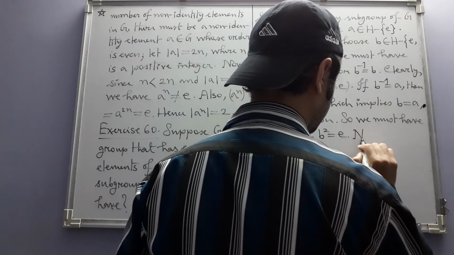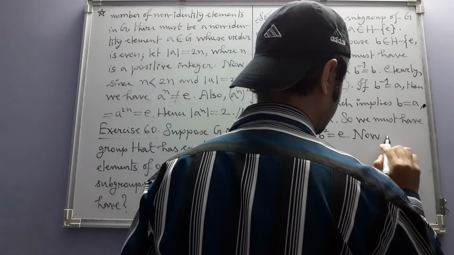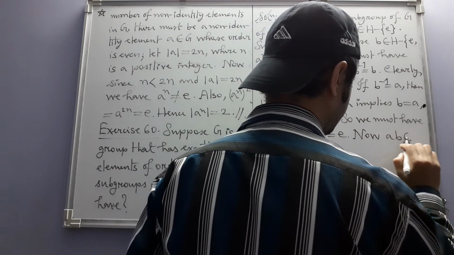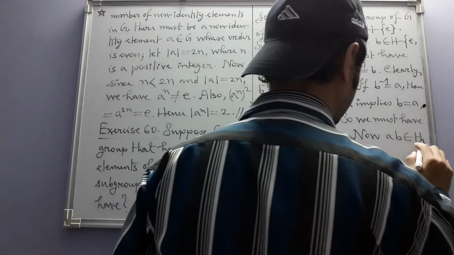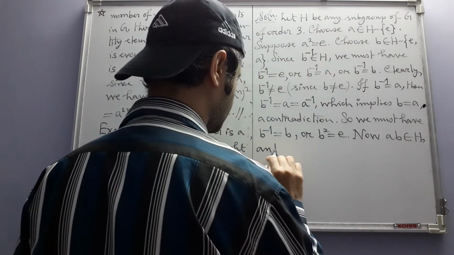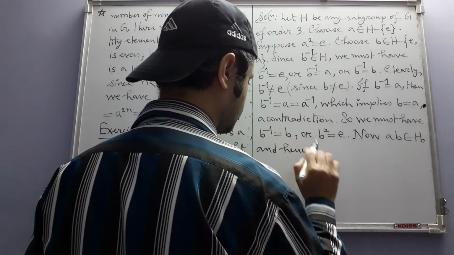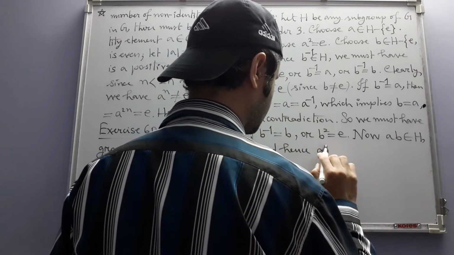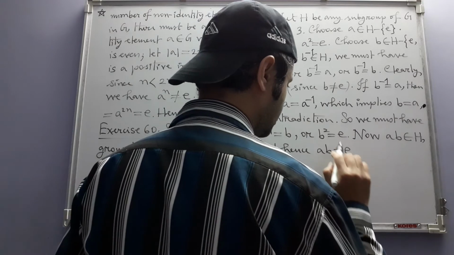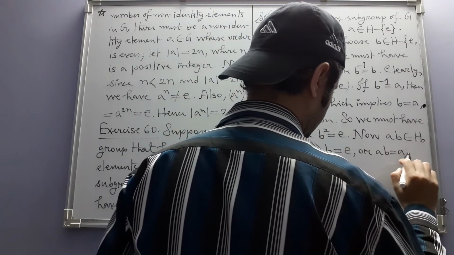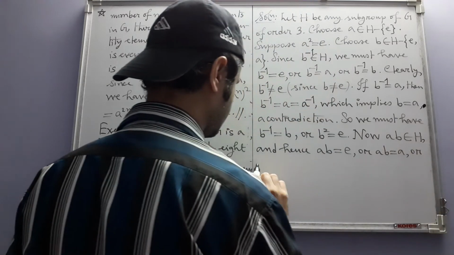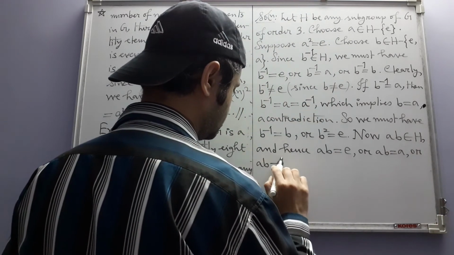Now AB also belongs to H because A and B are elements of H, and hence AB is E or AB is A or AB is B.